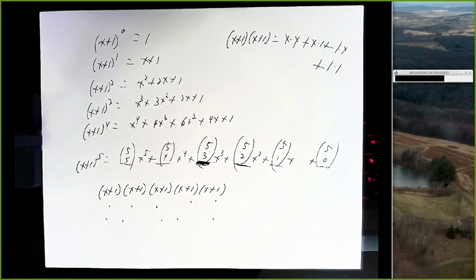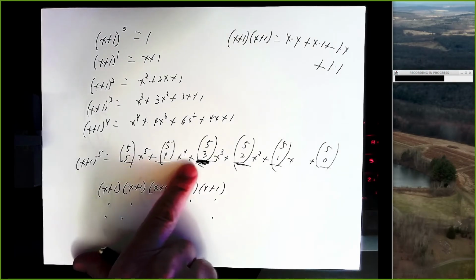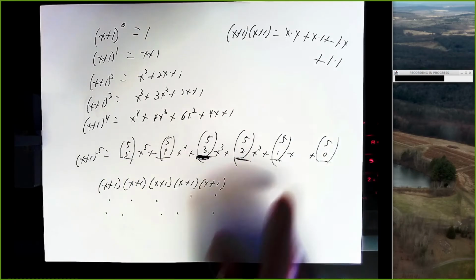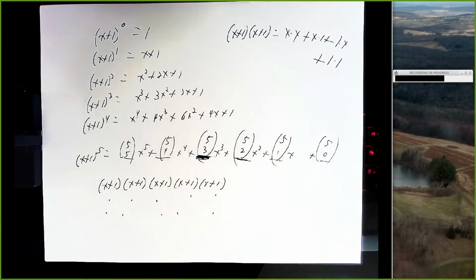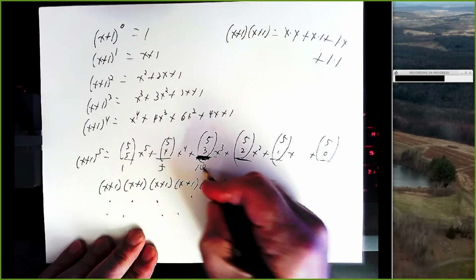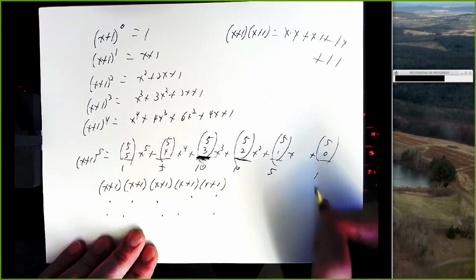And so if you want to know what x plus 1 to the 5th is, if you know what these choice functions are for r things chosen from 5, those are the coefficients of these powers of x. And so this is 1, 5, 10, 10, 5, and 1.